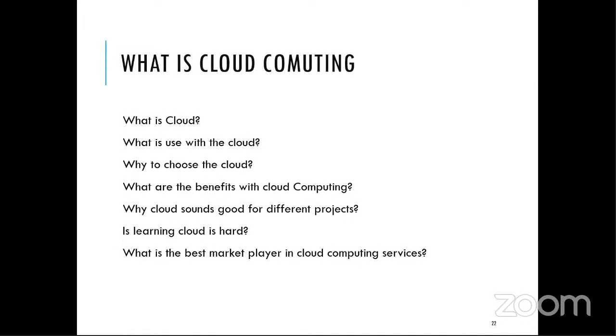And what exactly is cloud computing? We may have multiple doubts, like what is the use of this? The basic use is disaster management, and there are many other reasons.